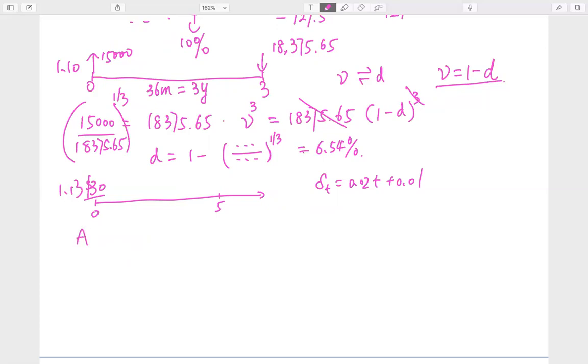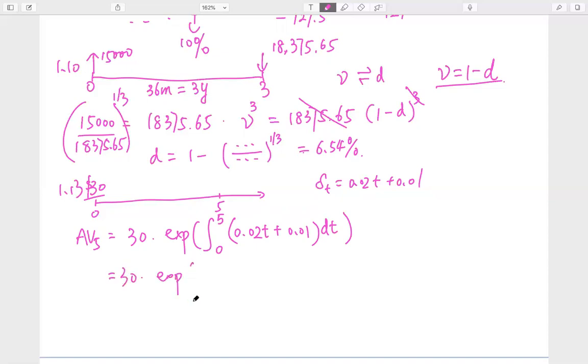So AV5 equals 30 times exponential from the starting time, which is 0, ending time, which is 5, force of interest 0.02t plus 0.01. We are taking integral of this function from 0 to 5.